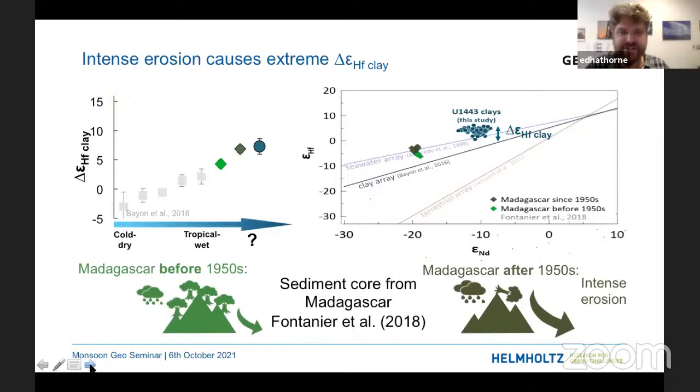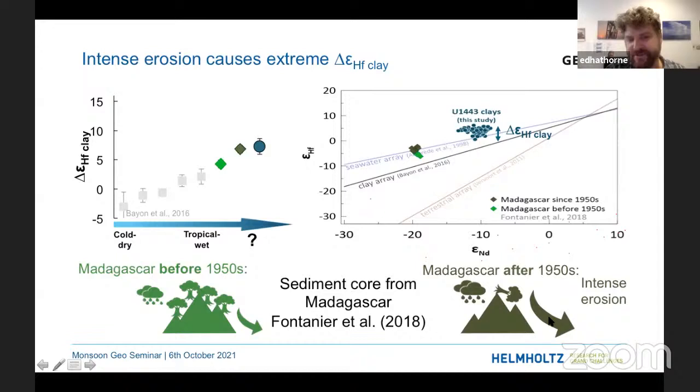So I said these were quite extreme values, and this is our data up here, our average. And here I've plotted two rivers from this paper from Fontenay, where they looked at sediments from Madagascar. This is the tropical wet values here, sort of +3, and we're above that. So we're already beyond tropical and wet. One idea is that in Madagascar the values changed from your normal tropical wet values, although quite high, in the 1950s.